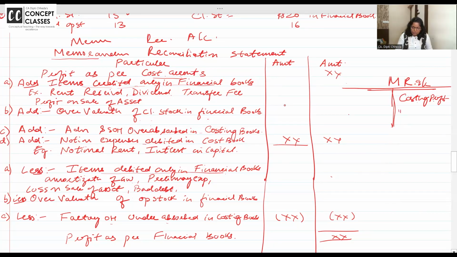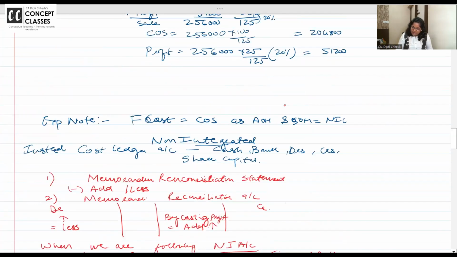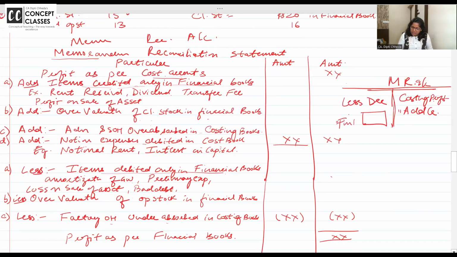Costing profit से शुरू करो. Whatever you have added, write it on the credit side. Whatever you have done, less on the debit side. And balancing figure is the financial profit.